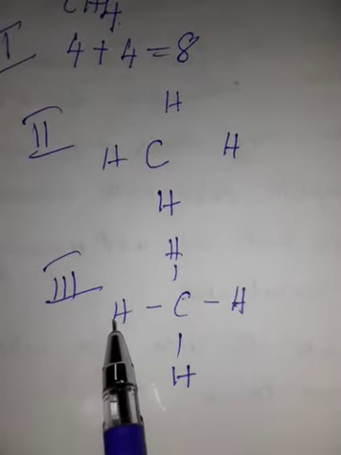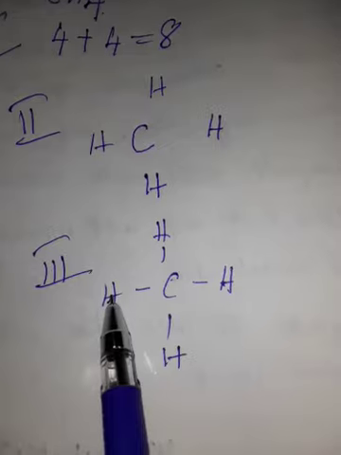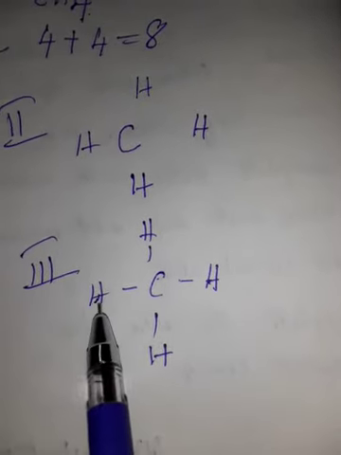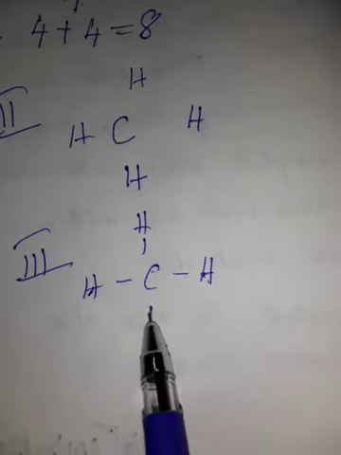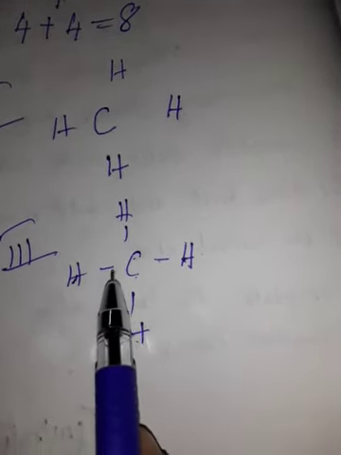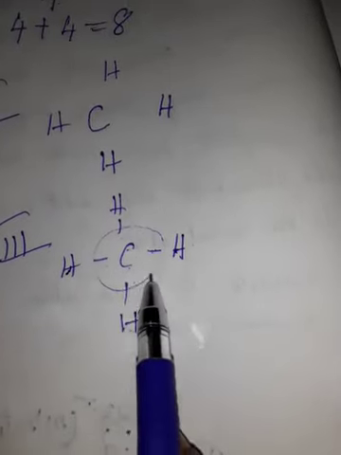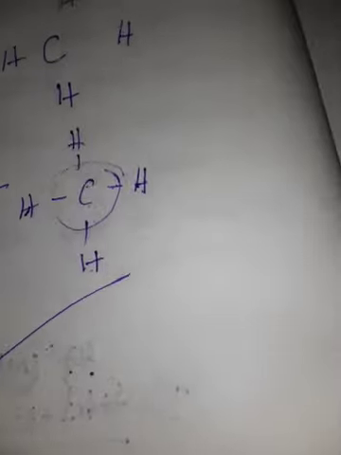Hydrogen, as I already taught, has a duet, meaning 2 electrons. So 2, okay, 2, okay, 2, okay, 2, okay. Here carbon has 2 plus 2 plus 2 plus 2, 8. Complete octet. This is the Lewis dot structure.